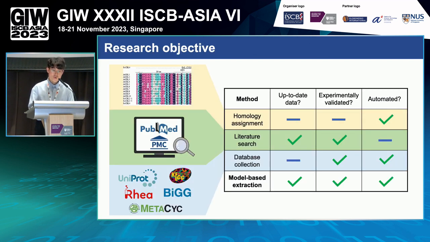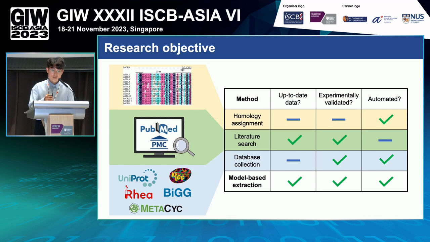Therefore, we plan to develop a new methodology to extract the GPR association by extracting the information from the literature using language models. The information retrieved from the published papers is up to date and experimentally validated.